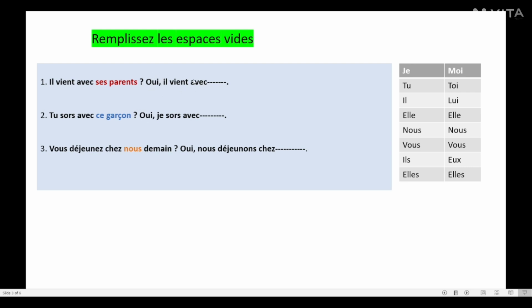Oui, il vient avec ses parents. It is masculine plural. For masculine plural, which pronom tonique do we use? Yes, that is eux. Oui, il vient avec eux, meaning yes, he is coming with them.